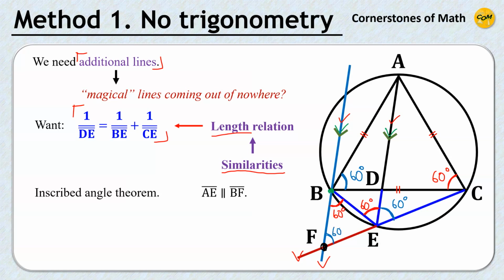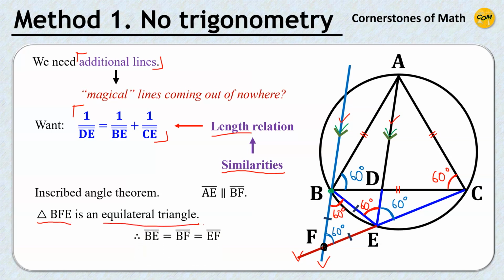So angle BFE is 60 degrees. Therefore, we arrive at the important conclusion that triangle BFE is an equilateral triangle. Hence, lengths BE, BF, and EF are all equal. This result will be used later on.